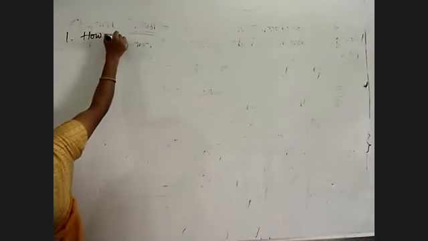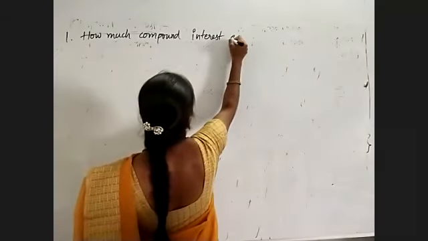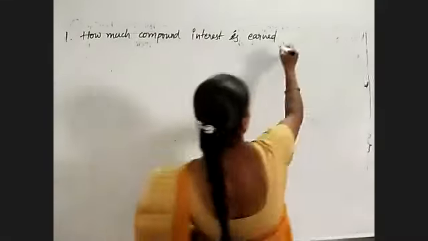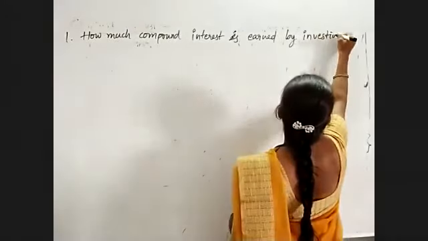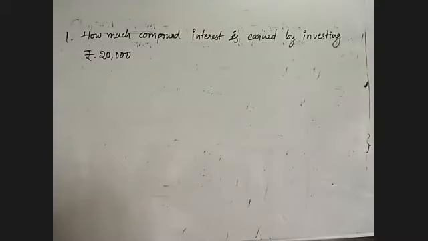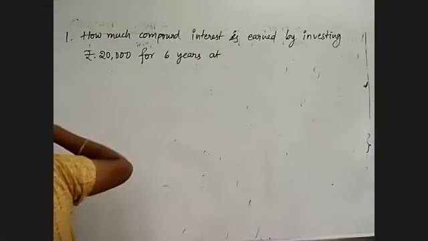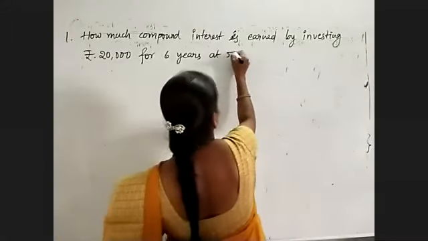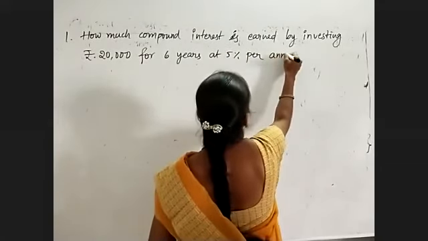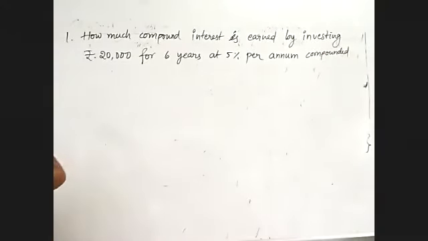How much compound interest is earned by investing 20,000 rupees for 6 years at the rate of 5% per annum, compounded annually?